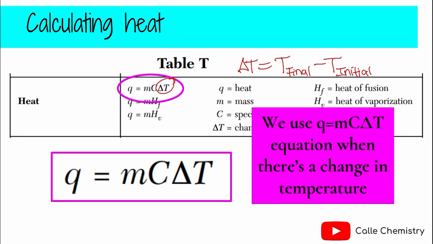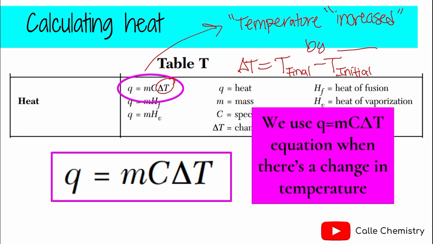Or let's say the question doesn't give you an initial or final temperature, but it tells you that the temperature increased by so and so Kelvin. It could either say the temperature increased or decreased by this much. That is telling you right then and there the change in temperature.